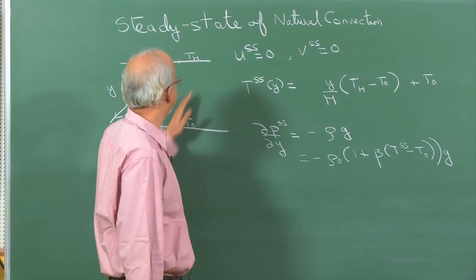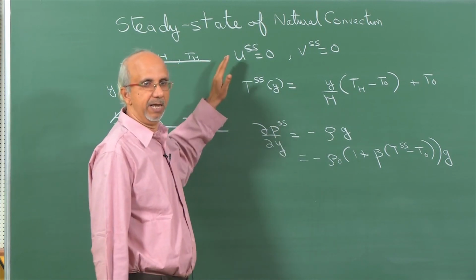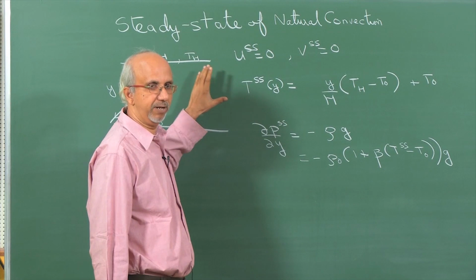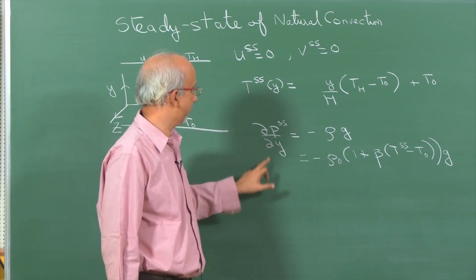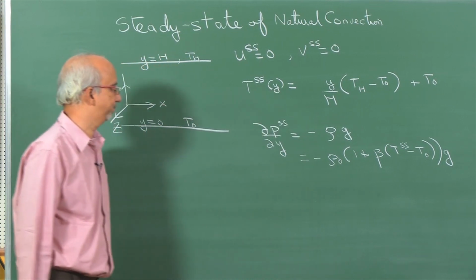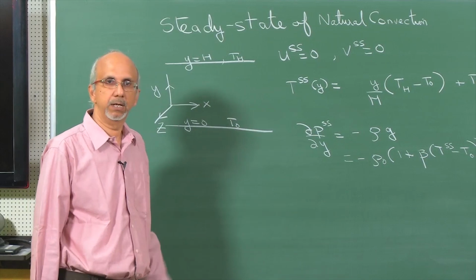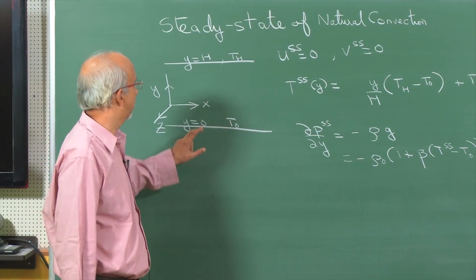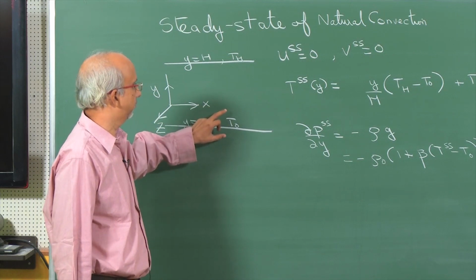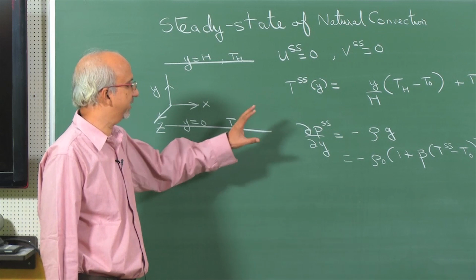So, once you know the steady state temperature, you know how the density varies in the quiescent state where the liquid is stationary, and you can substitute that here and calculate the pressure gradient. Now, this particular steady state is going to be a steady state for all values of T0.